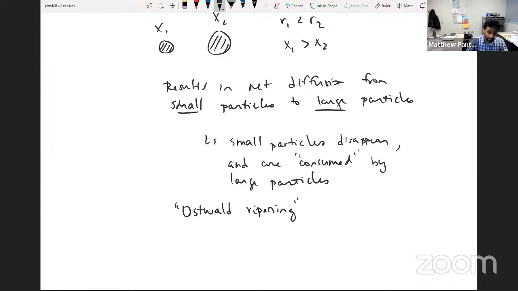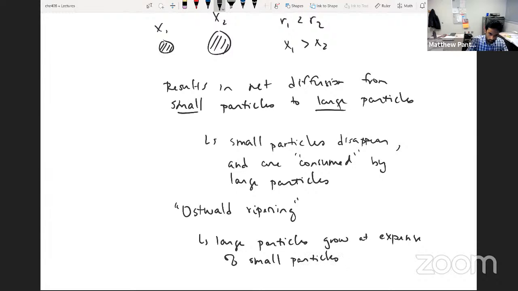So this has to do with the size stability of colloids. Again, a way to summarize this is large particles grow at the expense of small particles which are less stable. Okay, so that's an important effect here.